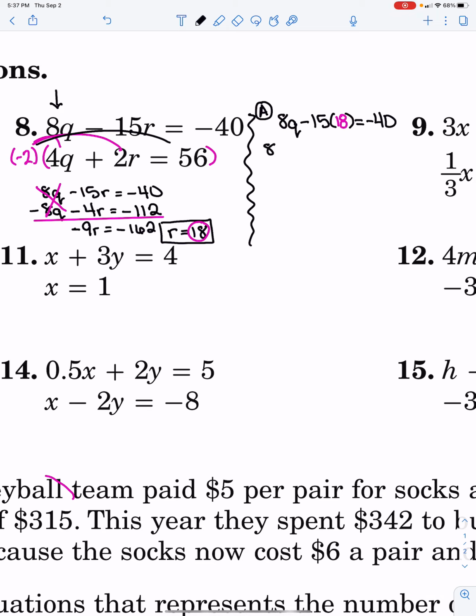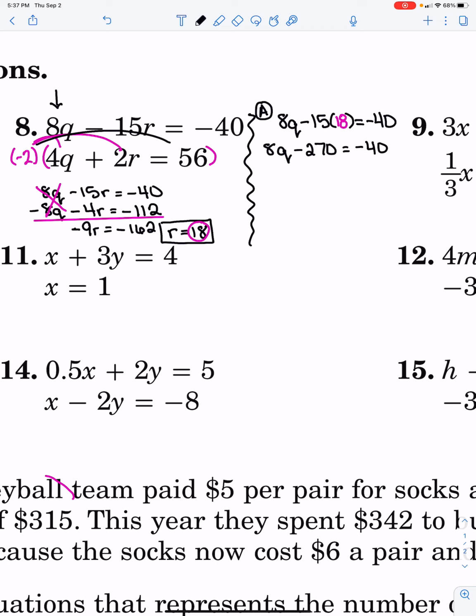So I've got 8q, and a negative times a positive is a negative. And then we've got to do 15 times 18. That gives us 270 is equal to negative 40.